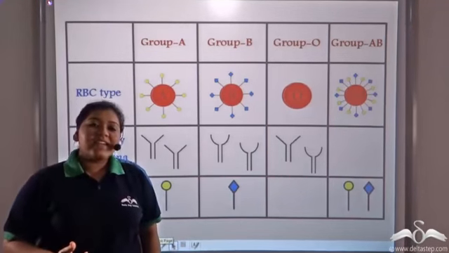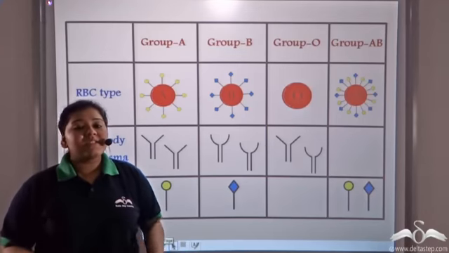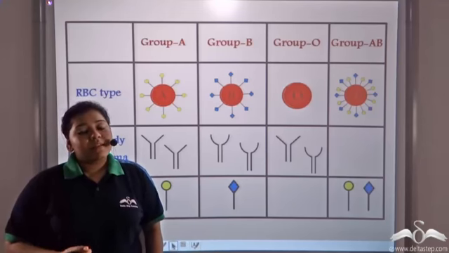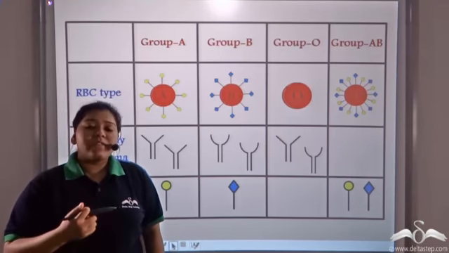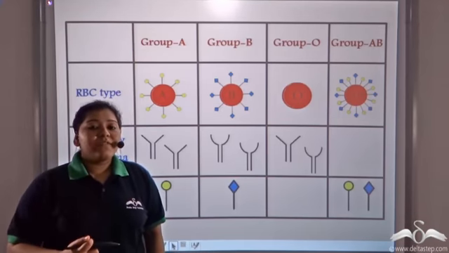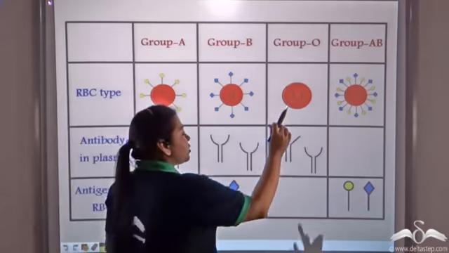Now, Landsteiner also noticed that there were a few patients who could accept blood from everybody. So he conducted several experiments once again and found out that there was a 4th blood group, which is blood group AB.